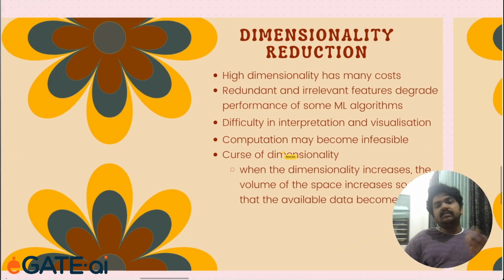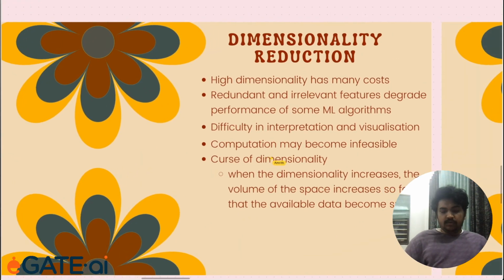Now, why is this reduction important? High dimensionality, that means a high number of features to represent an input, has many costs associated with it. Irrelevant features may degrade the performance of some algorithms. It will be difficult to interpret and visualize this data.